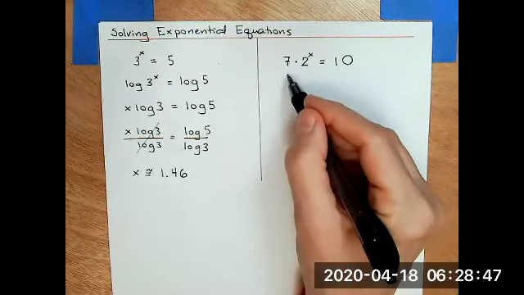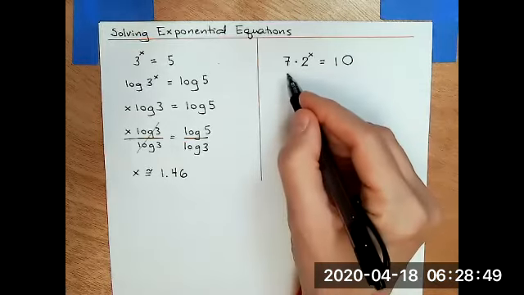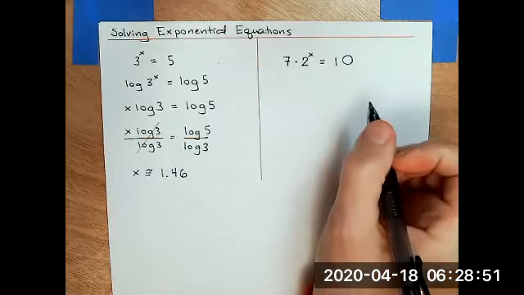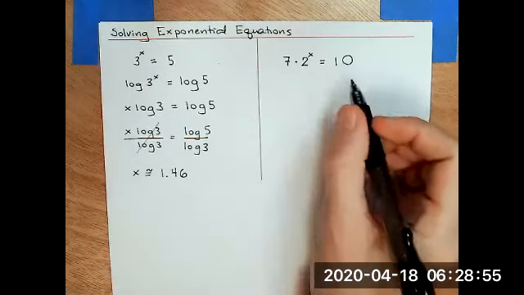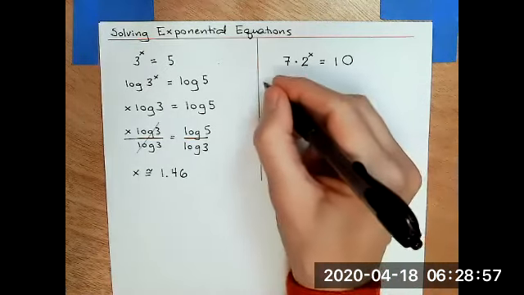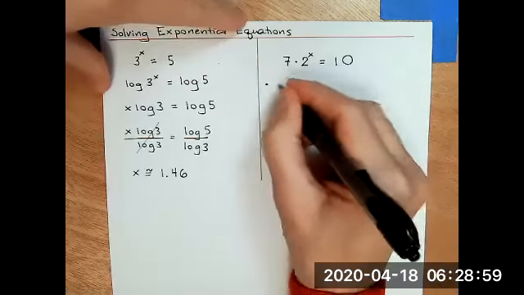You can use the rule of logs and take the log of both sides right away. I prefer to simplify each side as much as possible before taking the log.